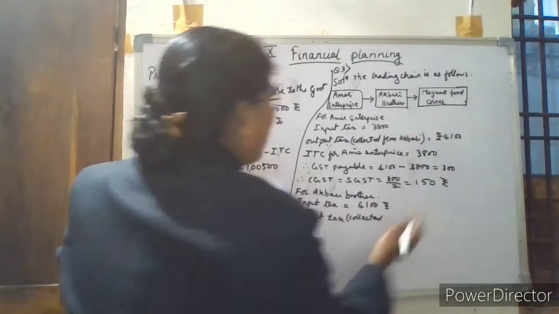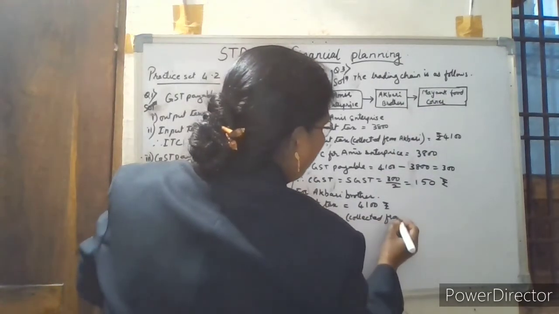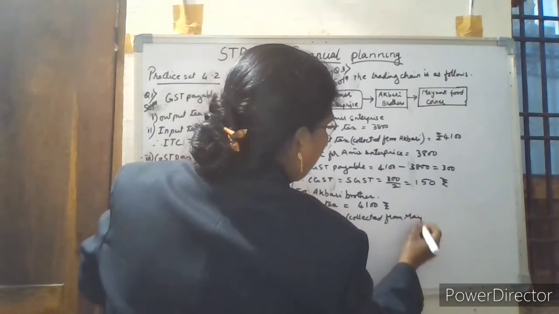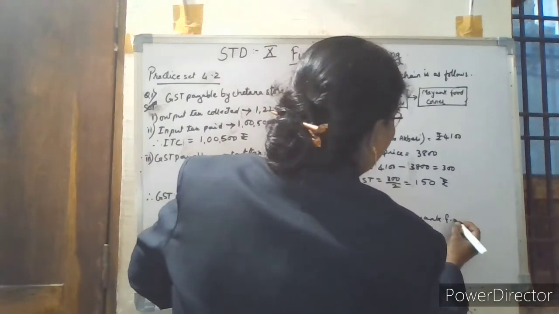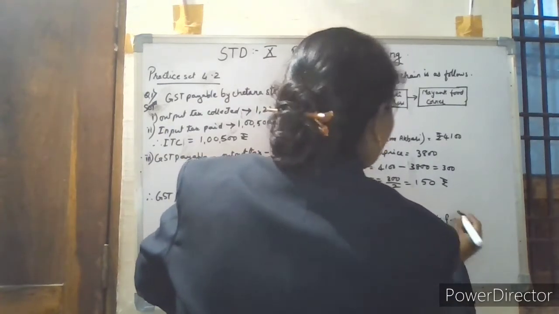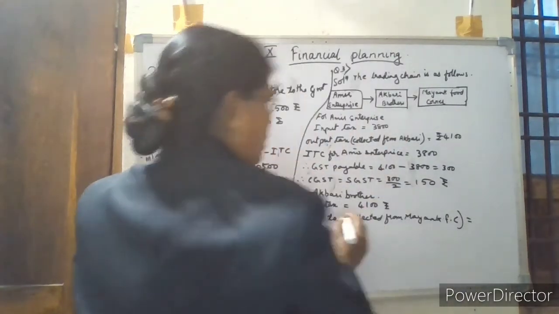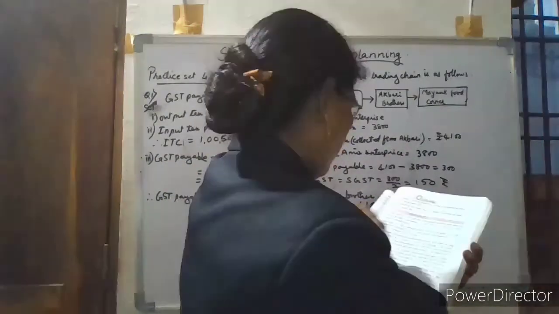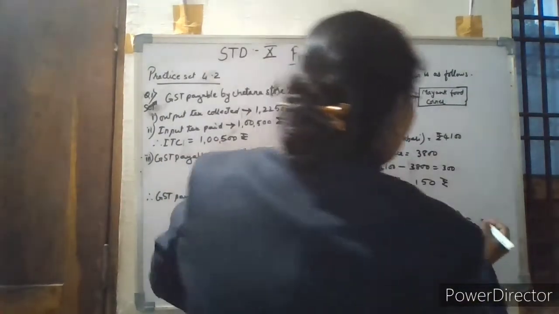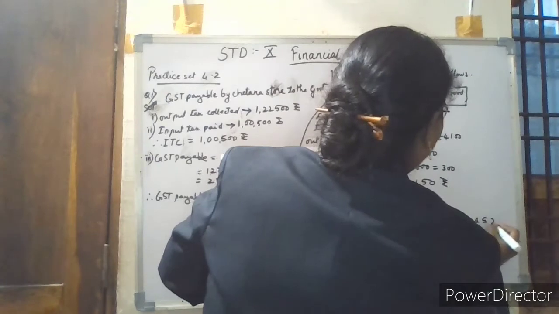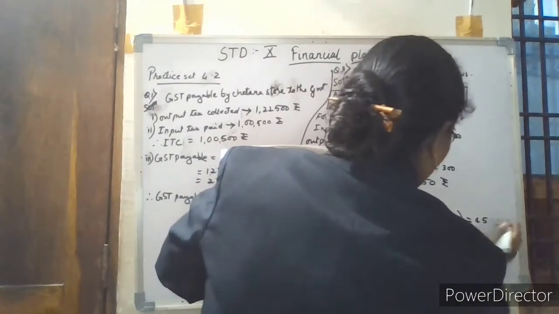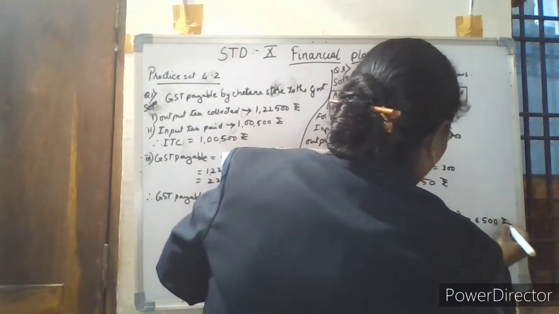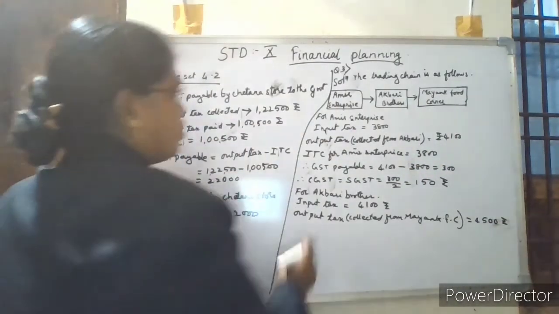From Mayank Food Corners, that is 4,500 rupees.